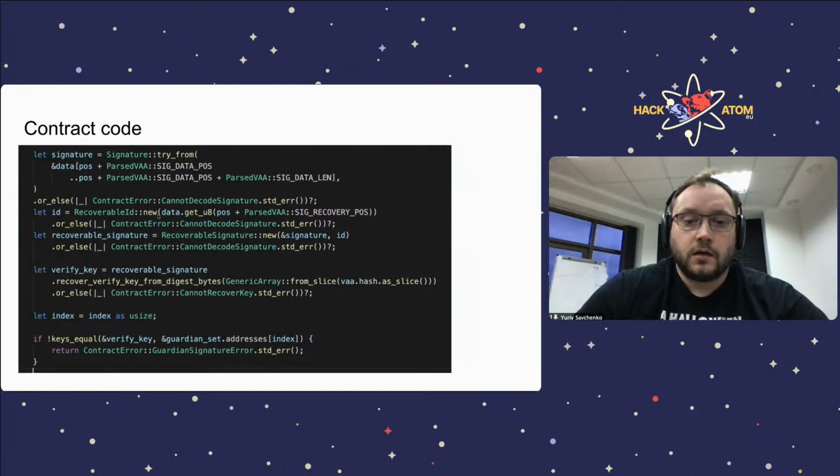The smart contract picks up the signature from the command and the recovery ID, after which the recoverable signature is created. The public key is retrieved from that one. The public key is then compared to the key of the guardians. If everything is fine, that's right there. Otherwise, it returns an error. If the keys are equal, everything is fine.